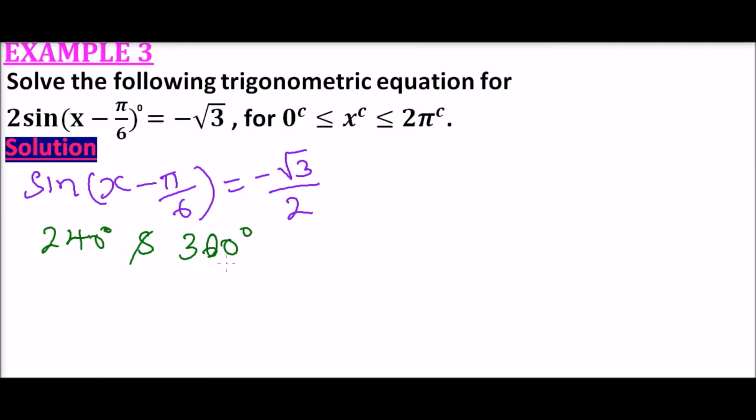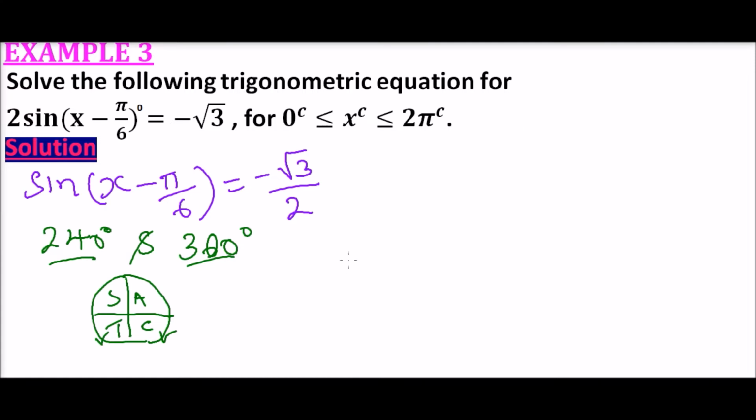Now you realize that in our unit circle, sine is negative in the 3rd quadrant and also in the 4th quadrant, and that is why we are talking of 240 and 300 degrees.